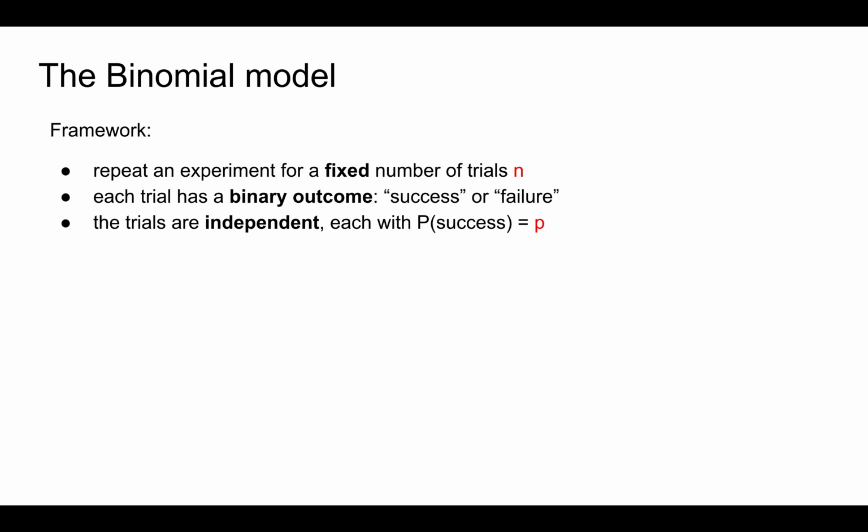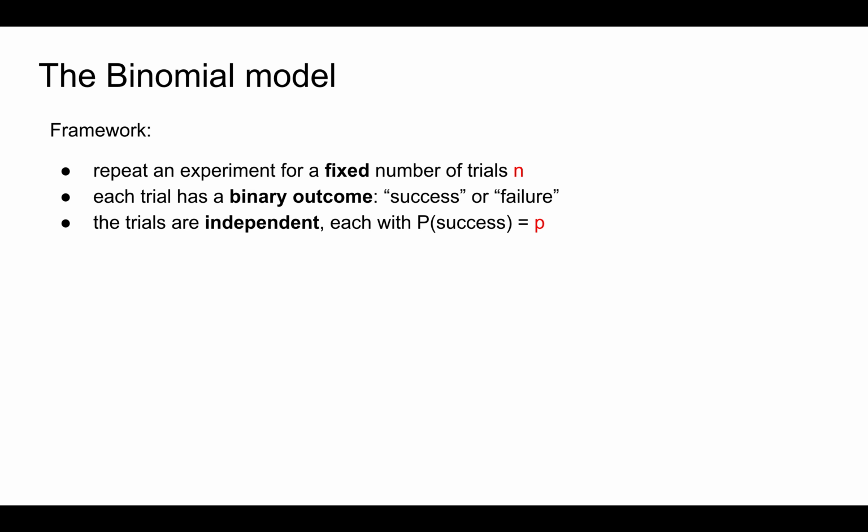The coin flip experiment here is a simple example of a binomial framework. In general, the binomial framework has 3 properties. First, we repeat an experiment for some fixed number of trials n, where n can be 1, 2, 3, and so on. Second, each trial has a binary outcome, success or failure. And these success and failure are defined by the context.